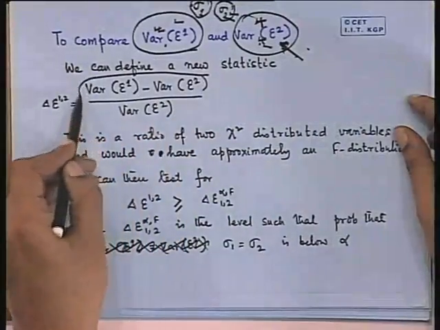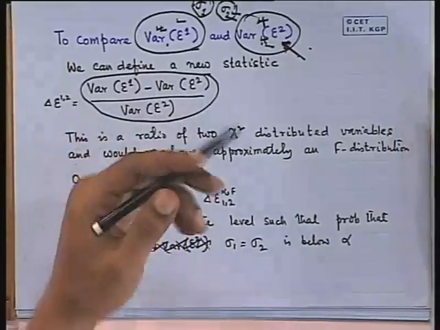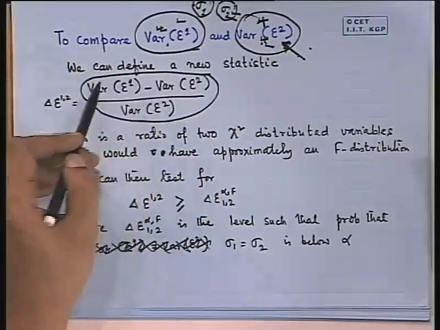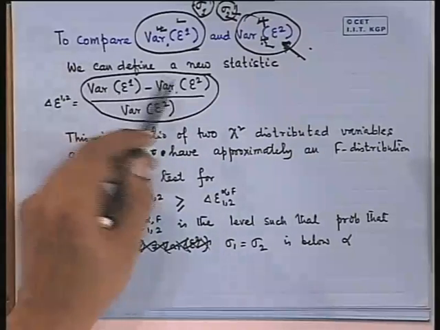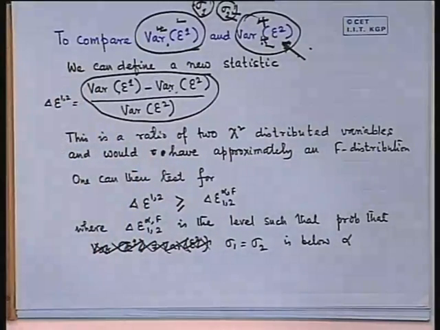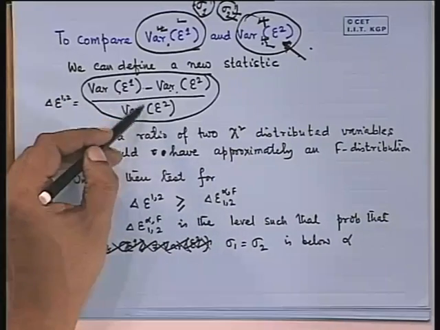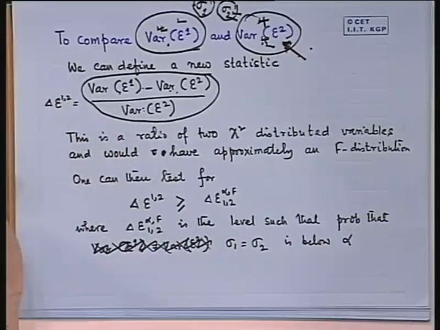That is the subtlety. So again, you can define a variable like this. If these are individually chi-square, then their sum or difference will also be chi-square, and this is a ratio of two chi-squares. It turns out, from the theory of statistics, that this kind of ratio of chi-square variables has a distribution called an F distribution.